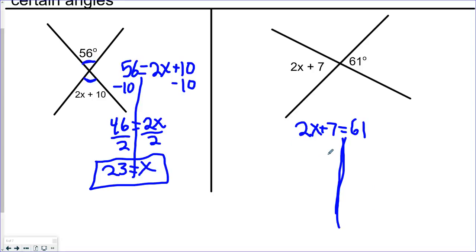So what I could do then is I can say minus 7, and I get 2x is equal to 54. And then I can divide that by 2 and divide this by 2. And I get the end result of 54 being divided by 2, which would give me 27.